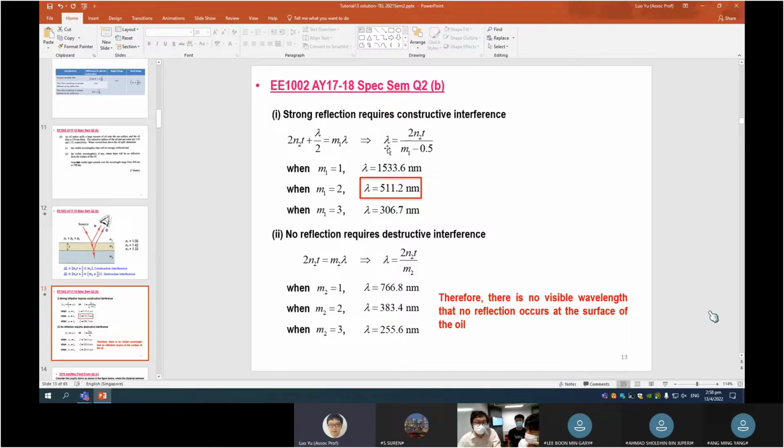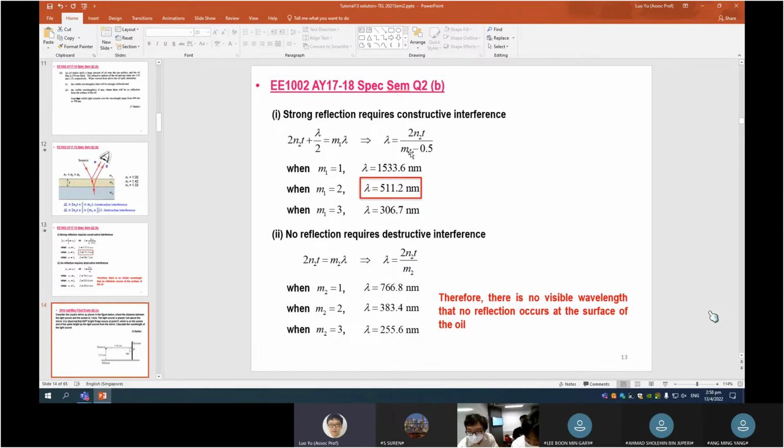So mathematically, m can start with 0, but if m starts with 0 and you get a lambda which is negative, that does not make sense. So in this case, m starts at 1. It depends which formula you use. If it's minus, and in the denominator is m plus 0.5, then it can start with 0.